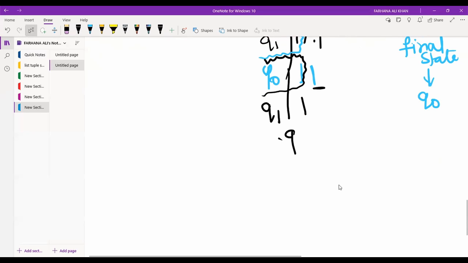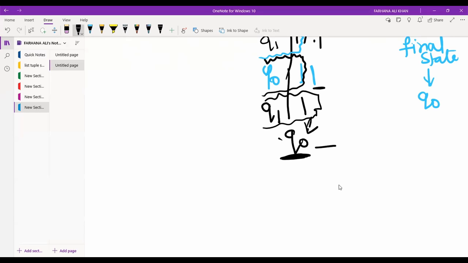As we have ended here, not a single symbol is remaining after considering Q1 on 1, which gives us the resultant state Q0. That means this is the final answer.